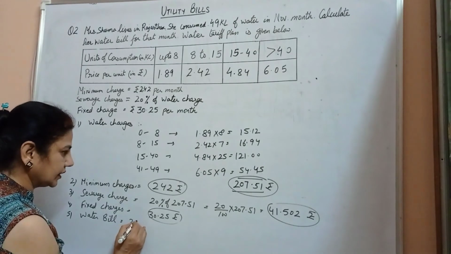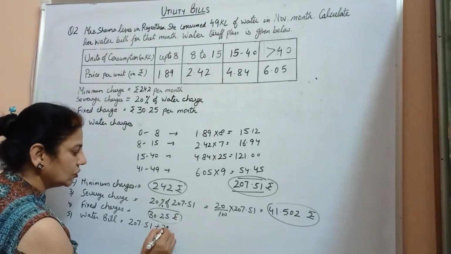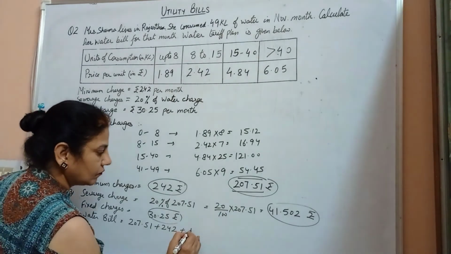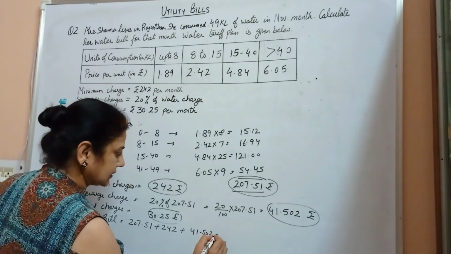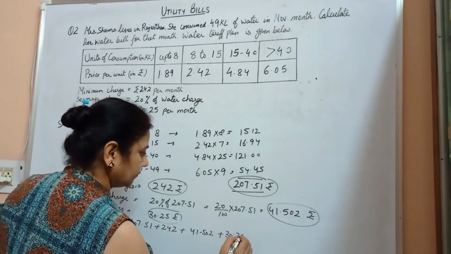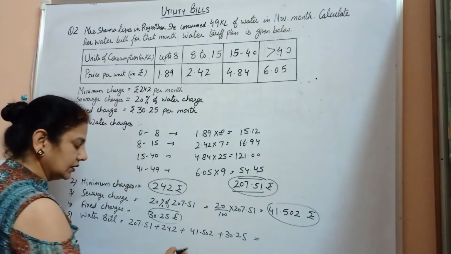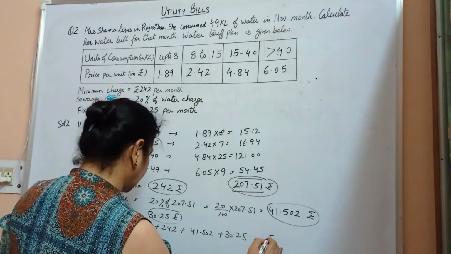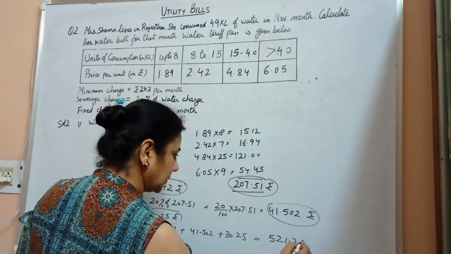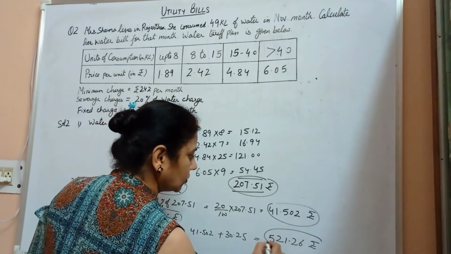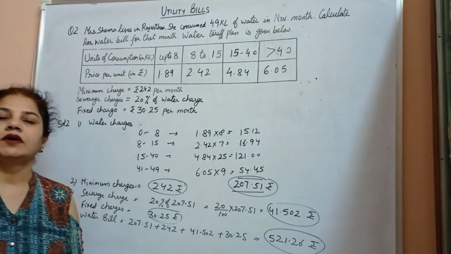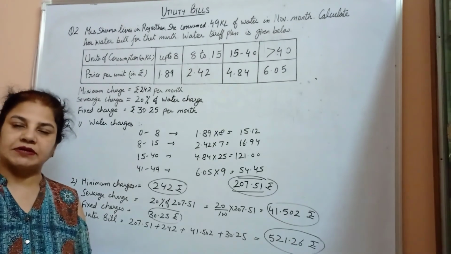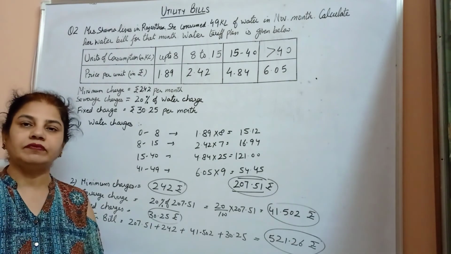That means 207 rupees 51 paisa, 242 rupees, 41 rupees 50 paisa, plus 30 rupees 25 paisa. Adding all this, you will get 521 rupees 26 paisa. So Mrs. Sharma has to pay 521 rupees 26 paisa as her water bill for the month of November.